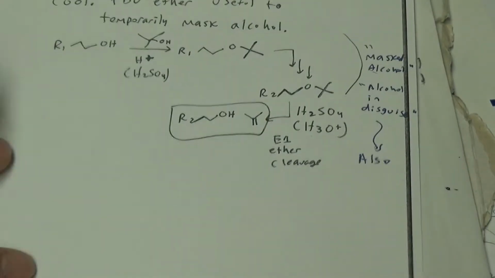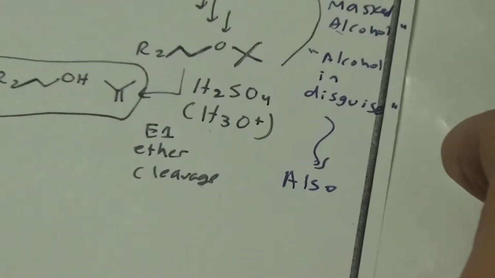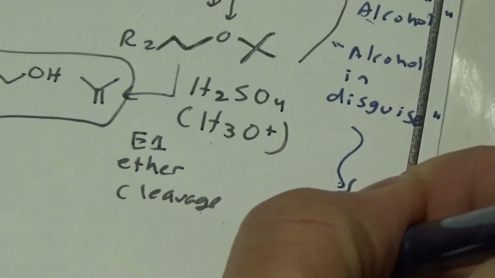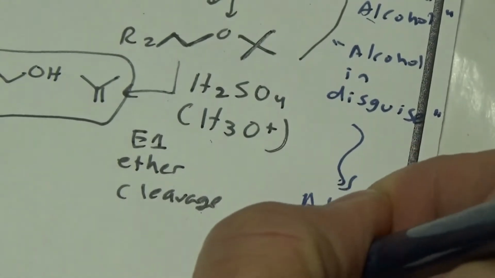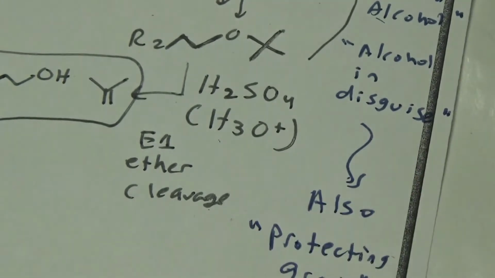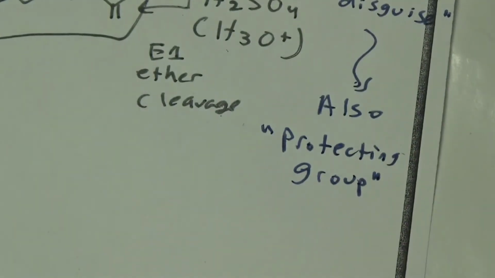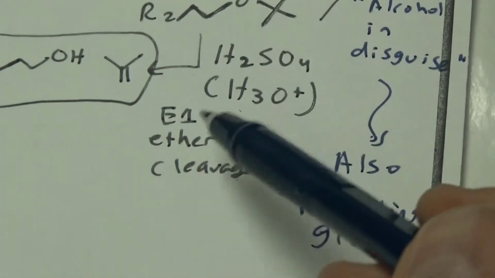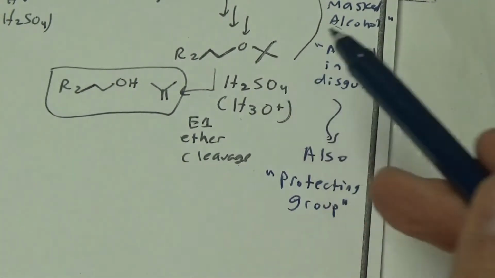The more chemistry appropriate name for this idea is a protecting group. So what is a protecting group? This is an example of a protecting group, and we'll show why it's appropriate and why it's kind of cool next.